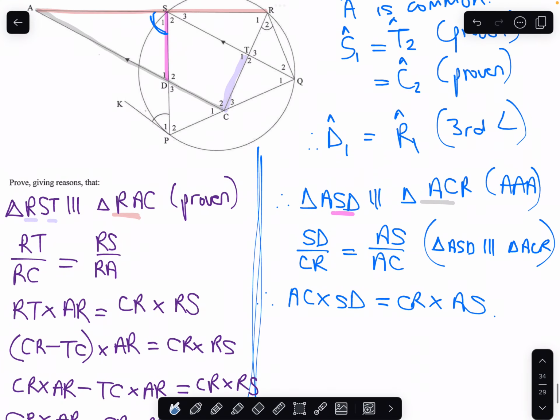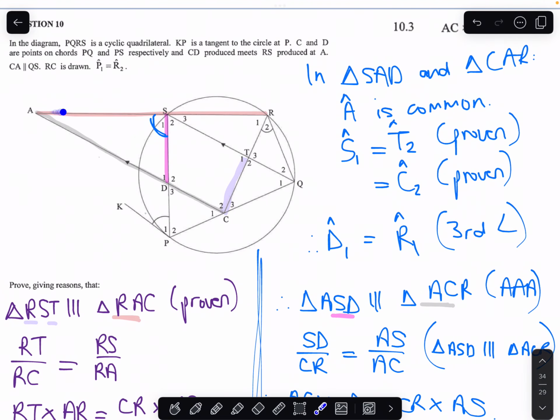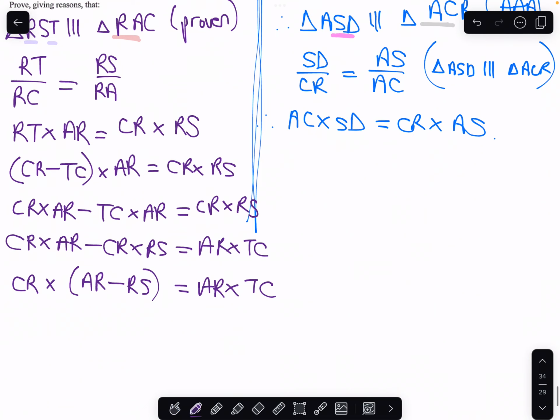But then we look at the picture, and if you have AR and you take away the RS bit, then you're just left with AS. So this is the same as CR times AS. Right, which is what we got here as well. So that means that these two must be equal.